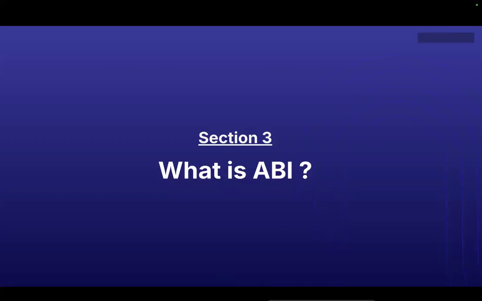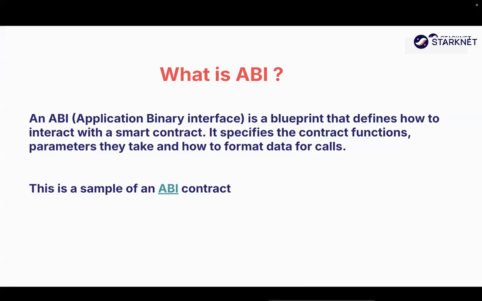So the two most important things we need, like I said, are the contract address, which for now you must have already done, and also the ABI. So what is an ABI? An ABI, which is application binary interface, is a blueprint that defines how to interact with a smart contract.